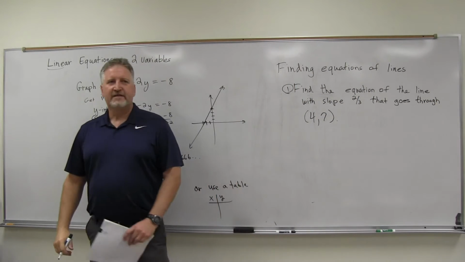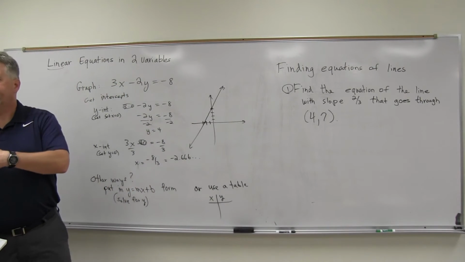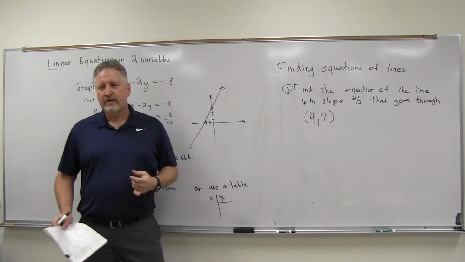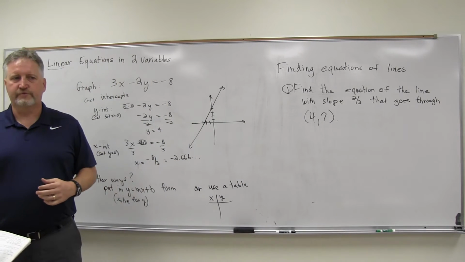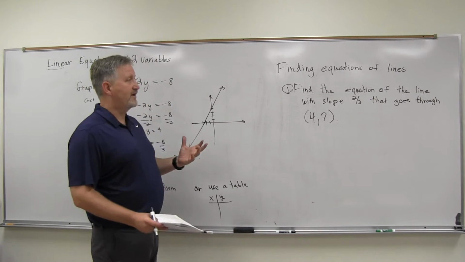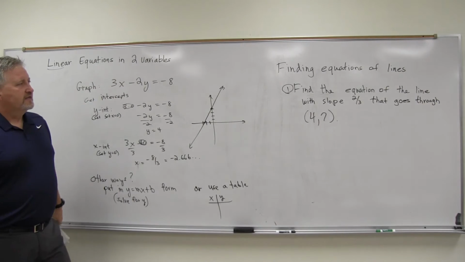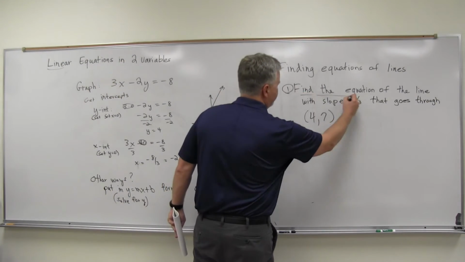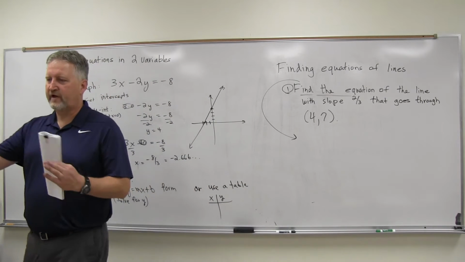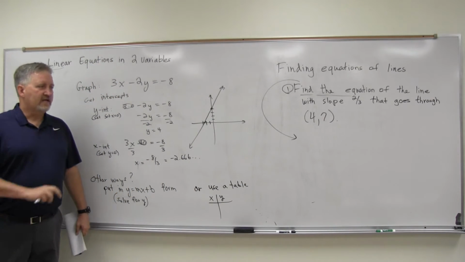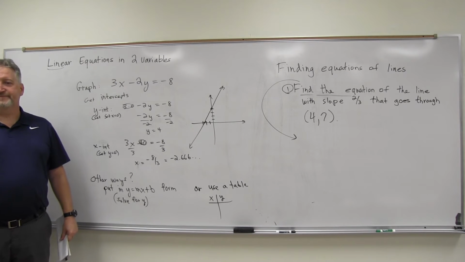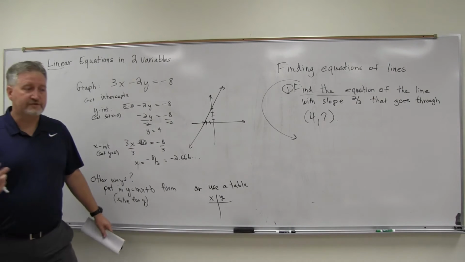Okay. So essentially we could graph this just from that information, but we want to find the equation that goes with that. What I like to think is, if it says find the equation of a line, and it's not a vertical line, because a vertical line is x equals a number, then you can always say, I want to find y equals mx plus b.